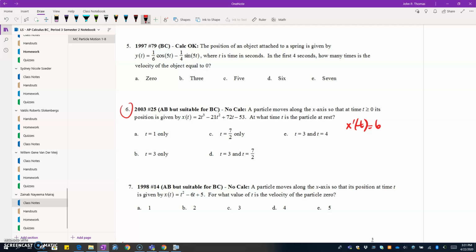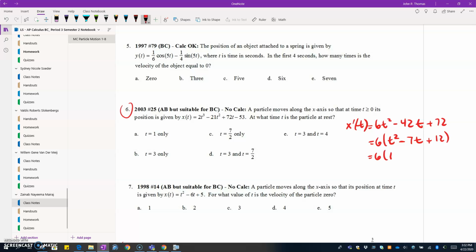So that would be 6t squared minus 42t plus 72. Now, everything's divisible by 6, so I'm going to factor a 6 out of that. I'm left with t squared minus 7t plus, and 6 goes into 72 12 times, so 12.